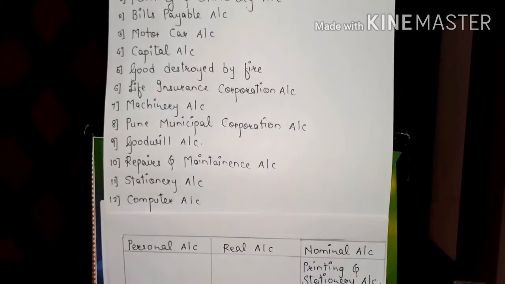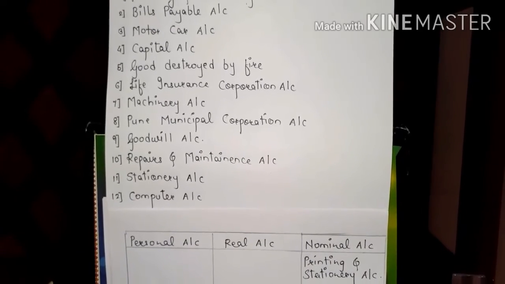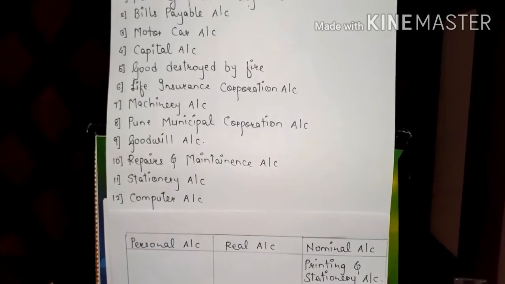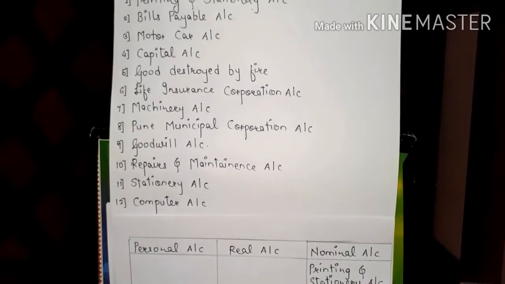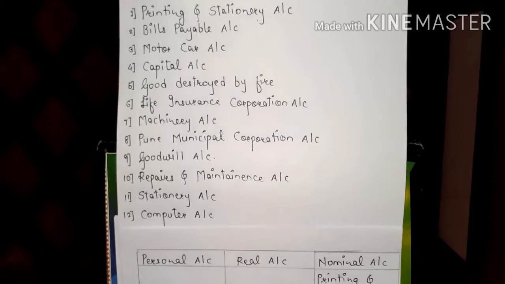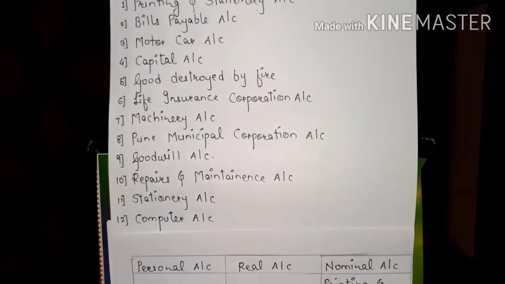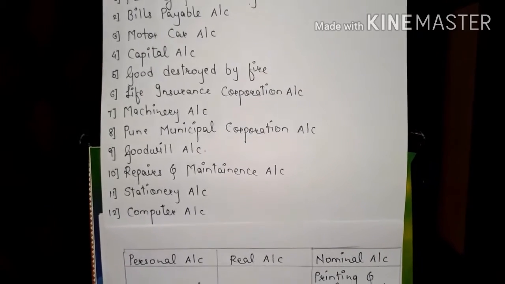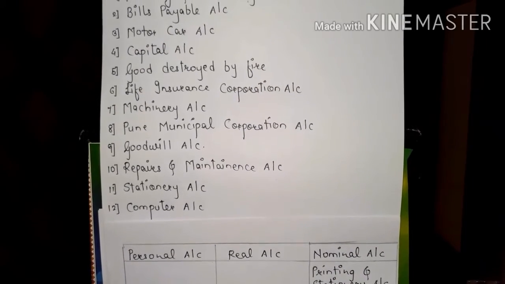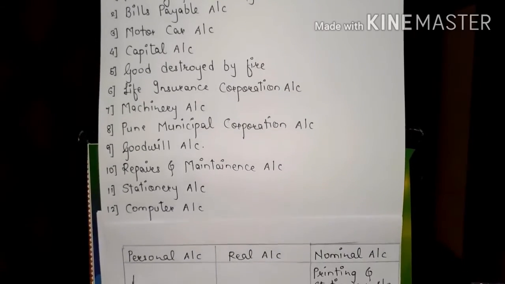It is not expenditure, it is not income, but we will have to pay that bill. It can be a goods bill or any services bill, if you are taking it from someone or some other business. Then that is the company's personal account, because the company is taking that benefit. So bills payable will fall under this.